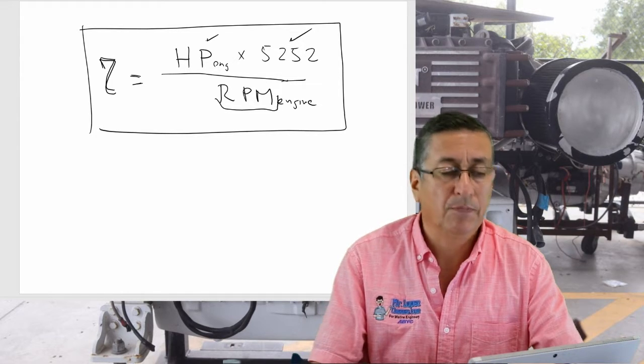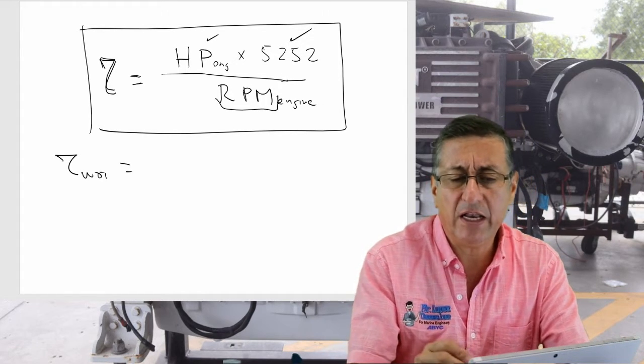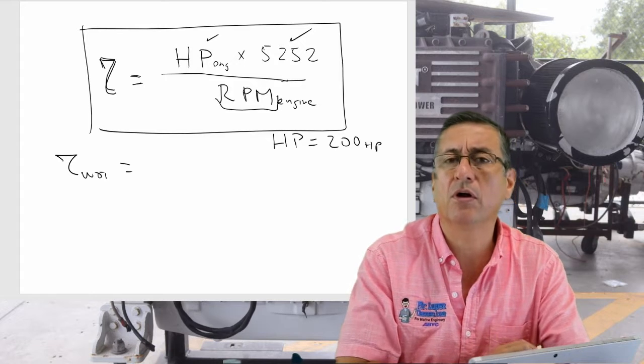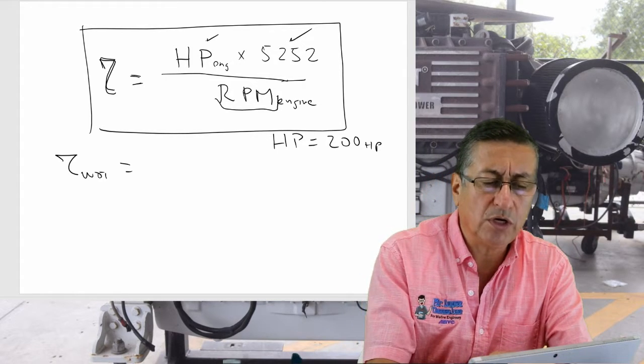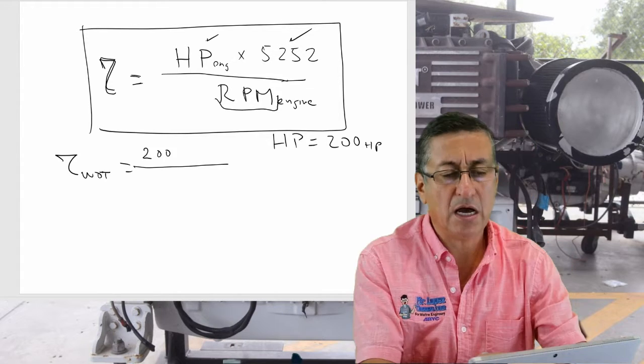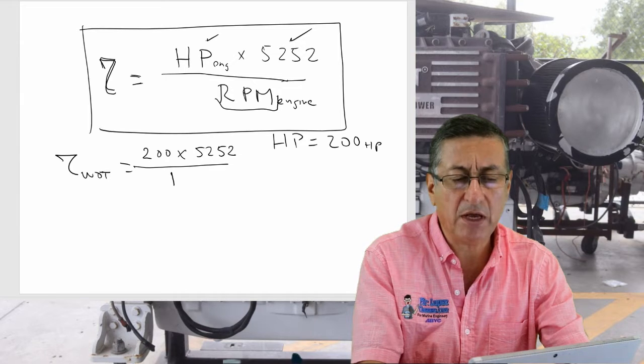It is very important. Alright, we are going to calculate the torque at wide open throttle. Suppose that we have an engine of 200 horsepower. 200 horsepower, this is the power of the engine. The torque is 200 times 5252 divided by the RPMs at wide open throttle.